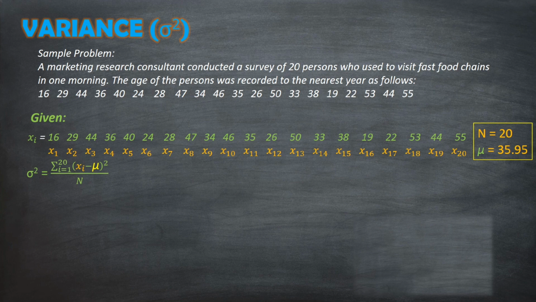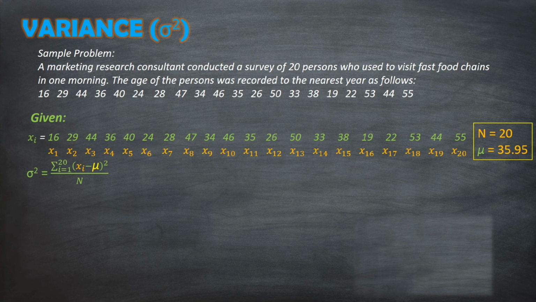Now, let's solve for the variance of the sample problem, and the symbol for variance is shown beside the word. The formula is the summation of the square of x sub i minus μ, which is our population mean, over the population size, represented as the big letter N. You may be asking, what do we mean by summation of x sub i minus μ squared?